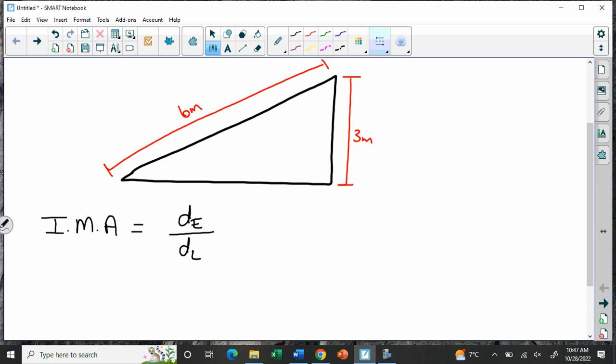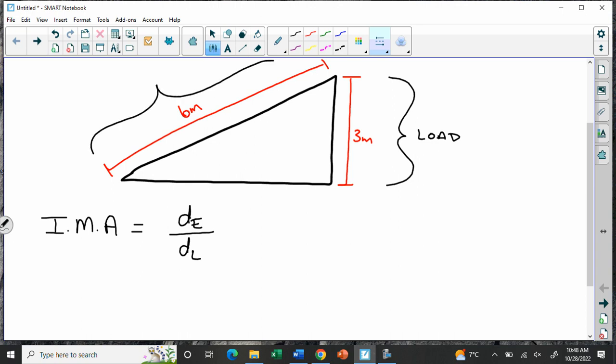In the case of an inclined plane, the lifting up is what we would call the load. That's what we mean when we're referring to the load. That would be if you just lifted this thing straight up, how high would you have to lift it? Well, you'd have to lift it 3 meters up. So the load would be lifting without the ramp. Whereas the effort refers to what we're doing here.